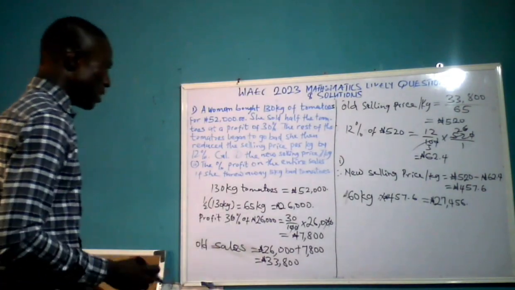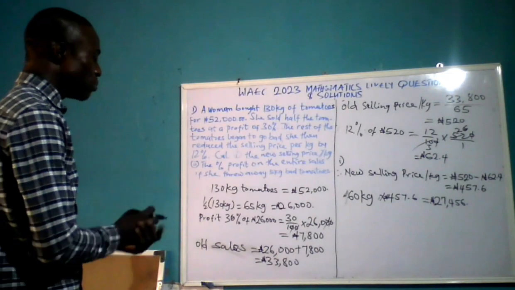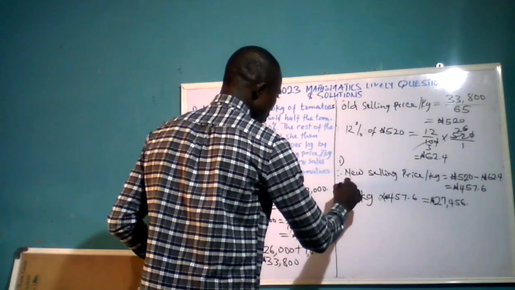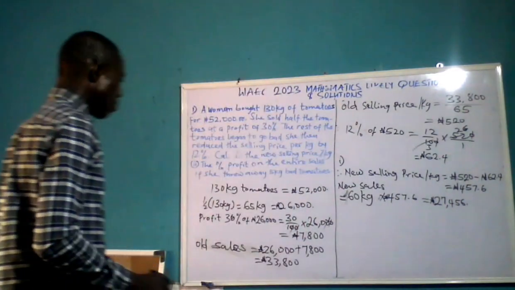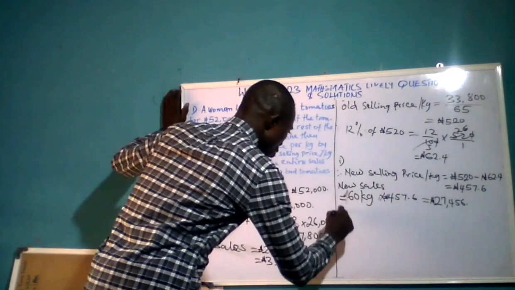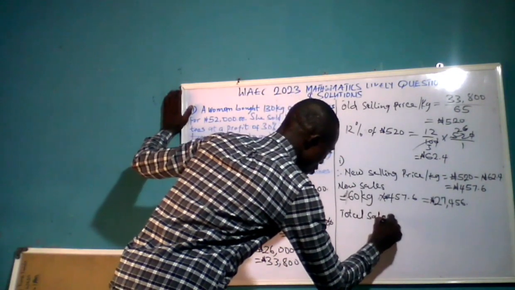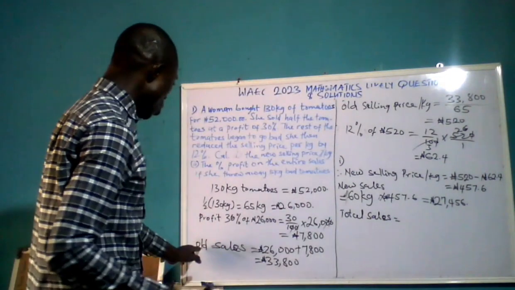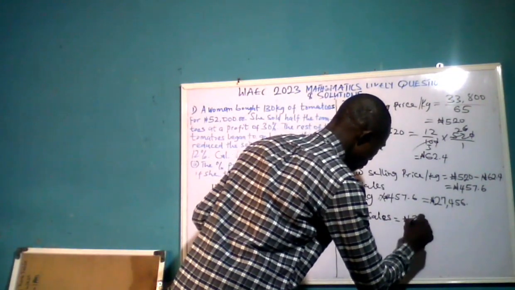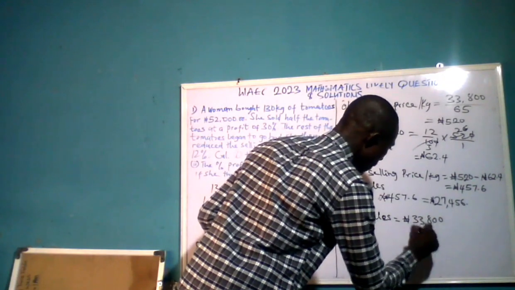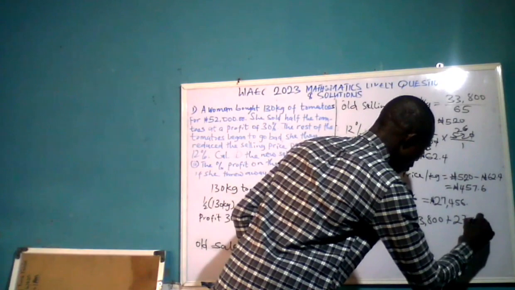Now, for us to get the percentage profit on the entire sales, we have to add the entire sales. Let's add the entire sales, and that is the addition of the old sales made and the new sales made. This is the new sales. So we have total sales equal to the old sales made, which is 33,800 naira, plus the new sales made, which is 27,456.